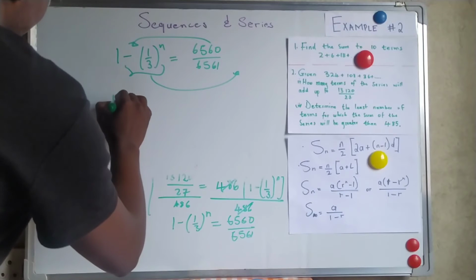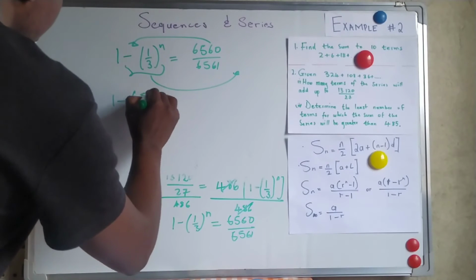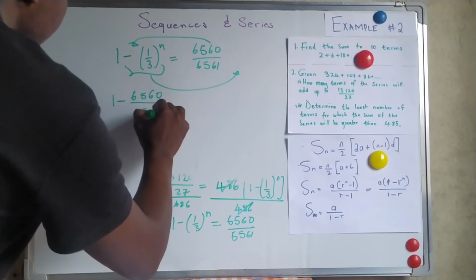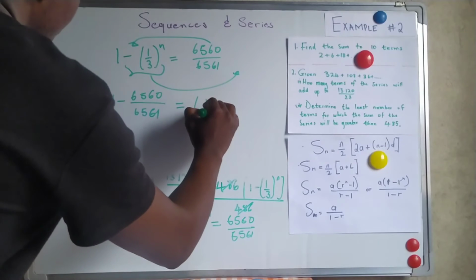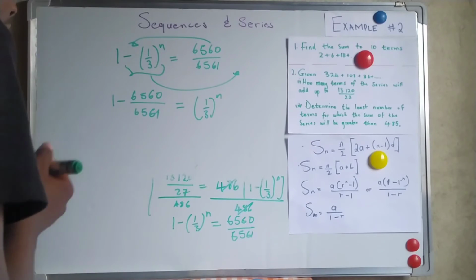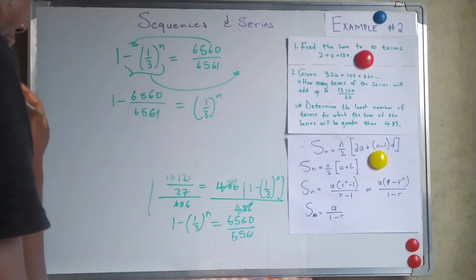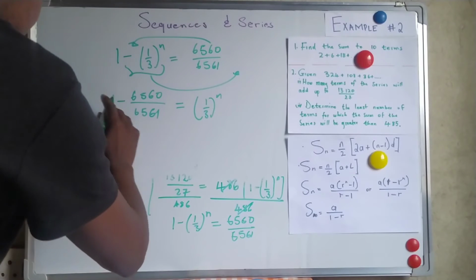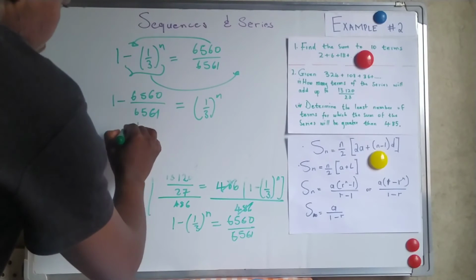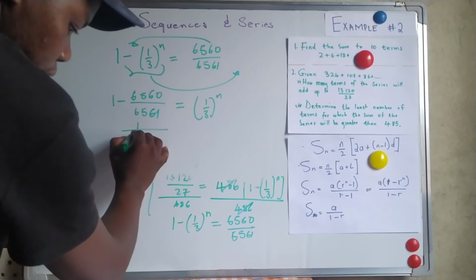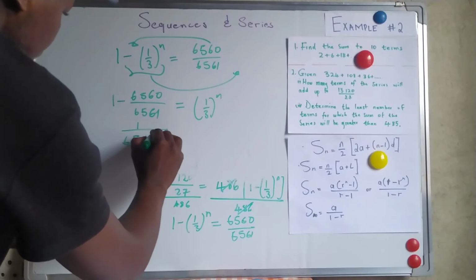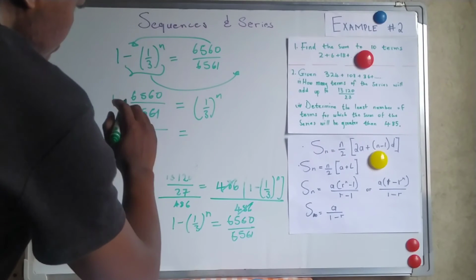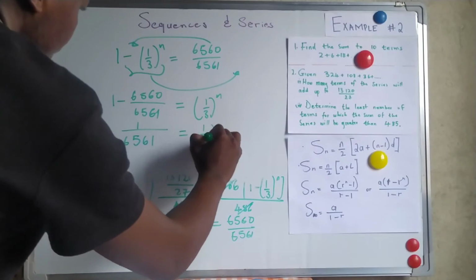So I'd have 1 minus 6560 over 6561 is equal to 1 over 3 to the exponent n. So once you have this, you'll have that this is 1 over 6561, which is equal to 1 over 3 to the exponent n.